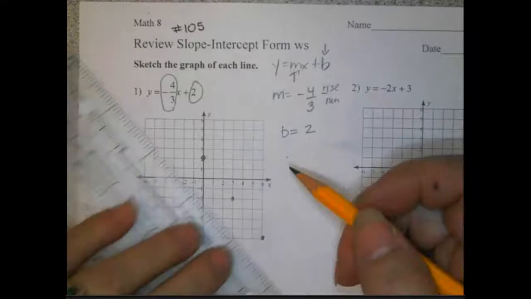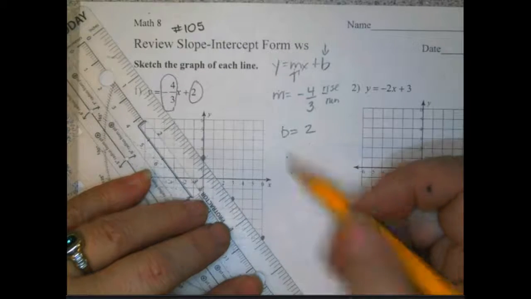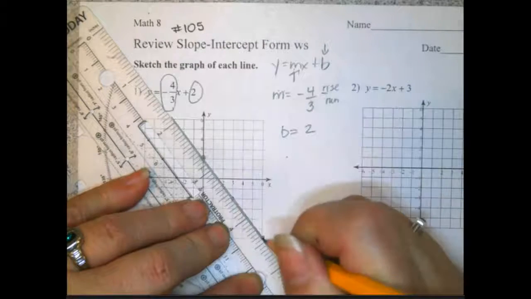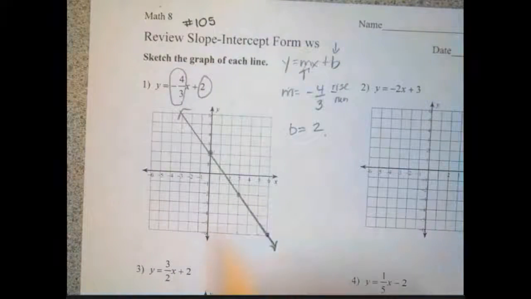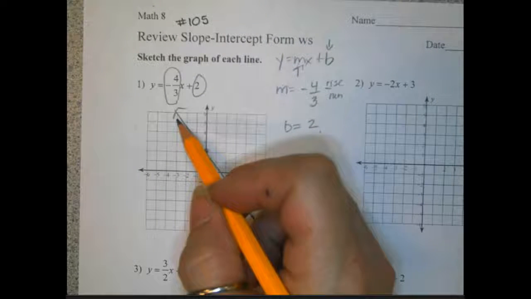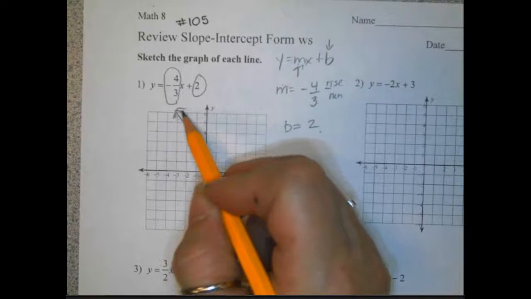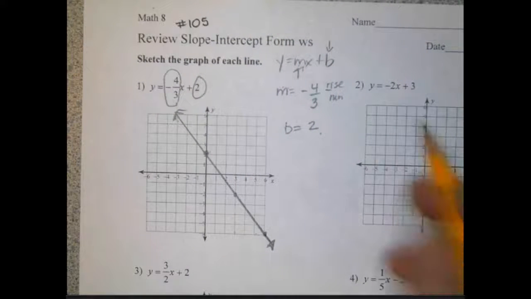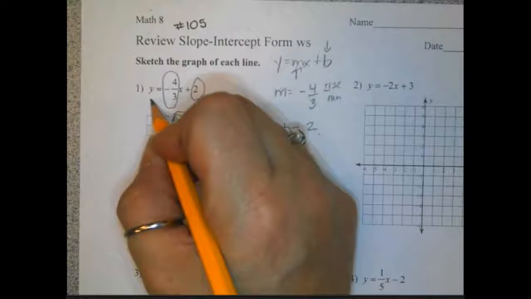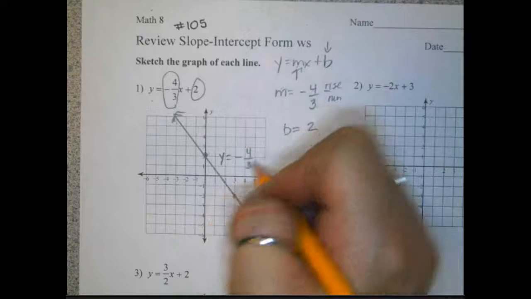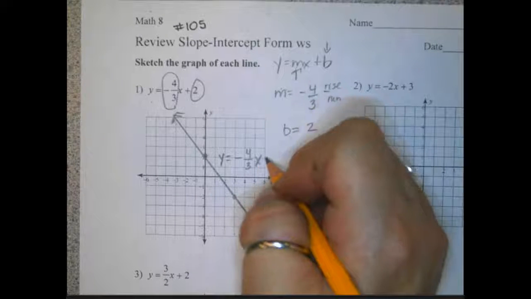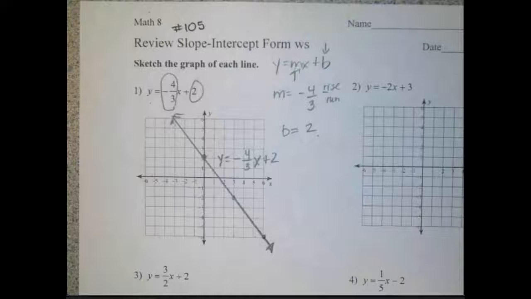So I'm going to take my straight edge, line up those points, graph it, connect my points, make sure it goes end to end on my graph, arrows on both ends, and then I'm going to label it with my original equation of y is equal to negative 4/3 x plus 2. I'll give you a minute to catch up.